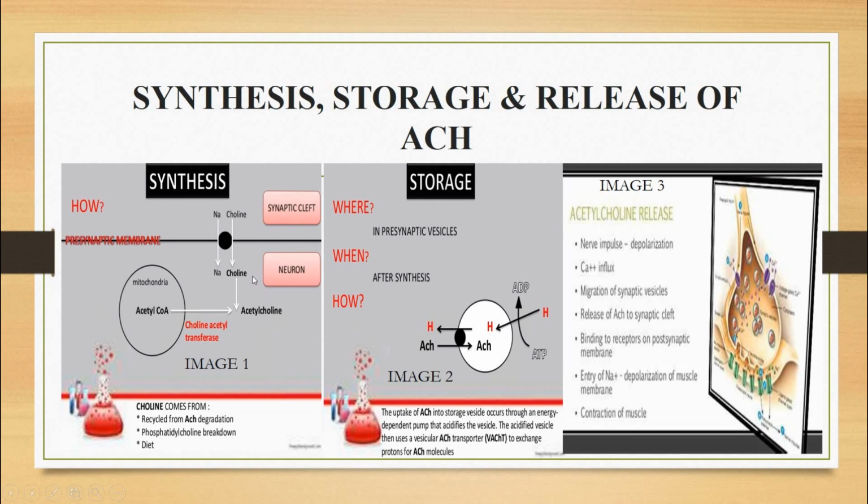So here, what happens? This choline, in presence of acetyl-CoA, which is present in mitochondria, and in presence of choline acetyltransferase, synthesizes the acetylcholine. Now, you may have a question: where is this choline coming from?